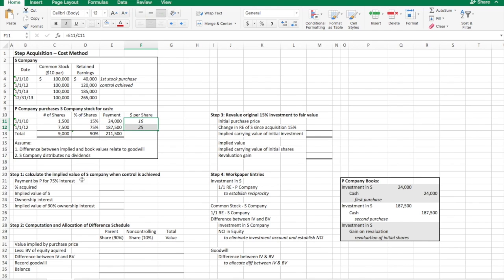So moving down to step 1, we want to calculate the implied value of the subsidiary company when control is achieved.